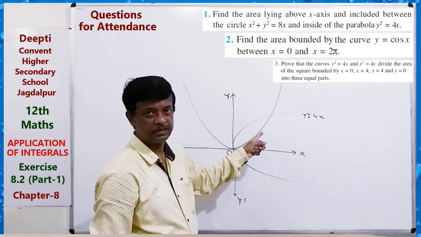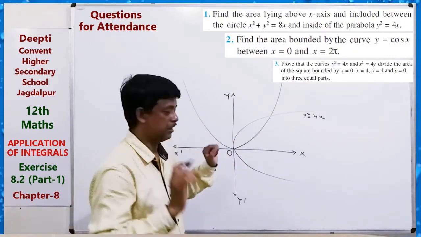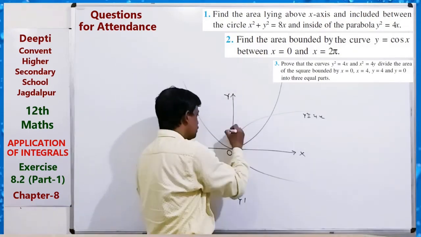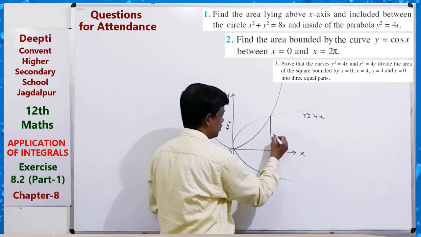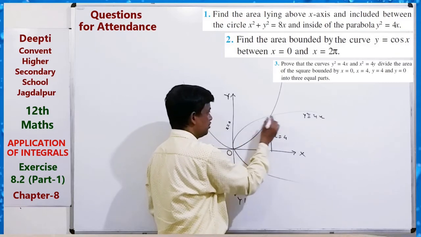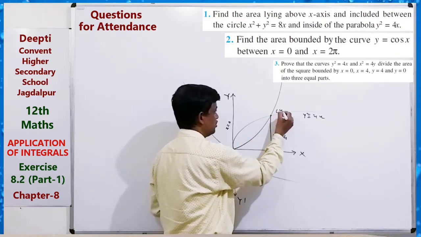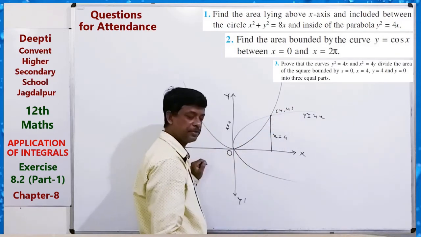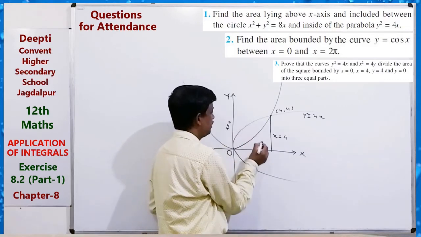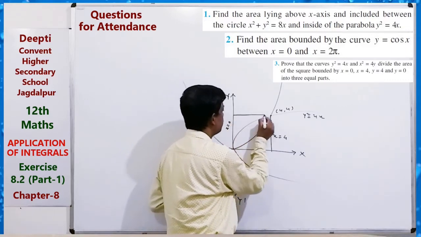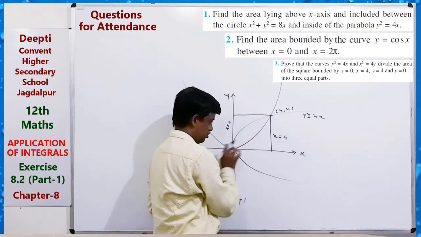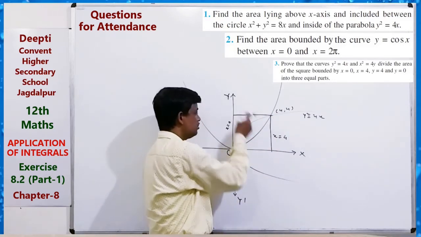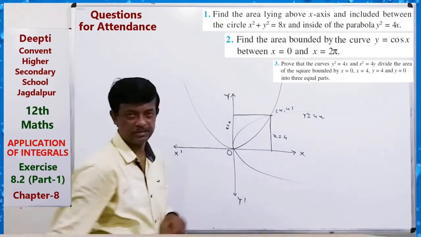Divides the square: x equals 0, x equals 4 is this. We can see this point is 4, 4. Y equals 4, y equals 0, x equals 0, x equals 4, these 4 lines are this.